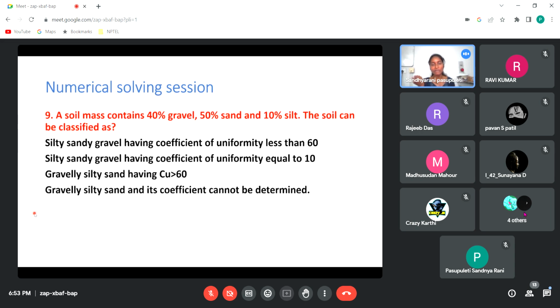What is the gravel sieve? 4.75. So 40% is retained on 4.75. And it continues with 50% sand. When I say 50%, 50% of material is retained on the 75 micron sieve, and 10% of silt. When I say 10% silt, 10% of material is passing through 75 micron.